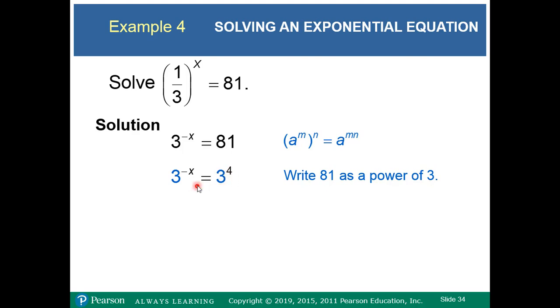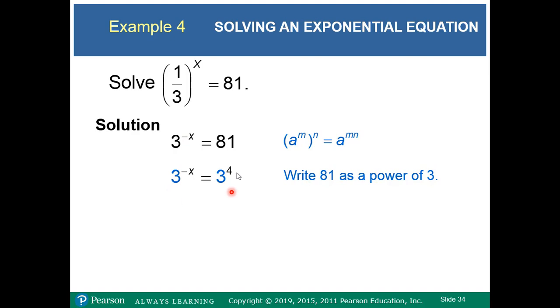So guess what? Now we've got bases that are the same, and 3 to the -x is equal to 3 to the 4th power. Now we're going to use the property that if the bases are the same and the two expressions are equal, then the exponents must be equal.